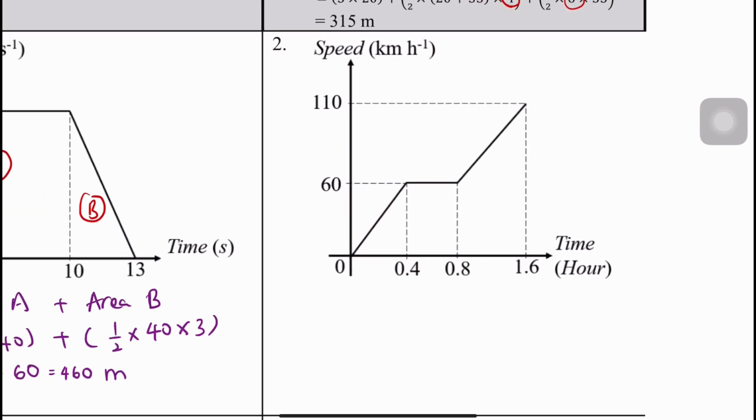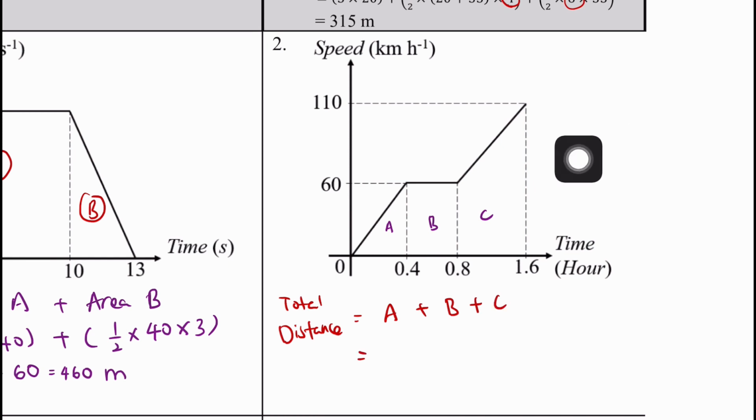So over here you have 3 shapes, A, B and C. So total distance is equal to A plus B plus C. The first one is a triangle.